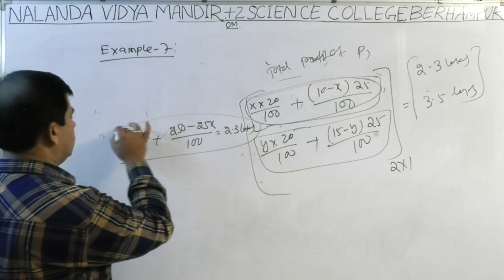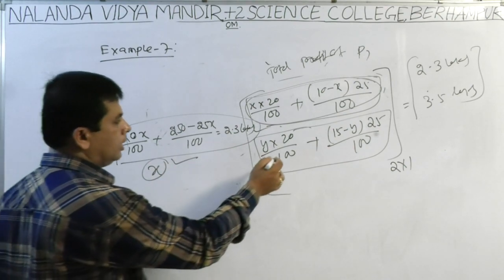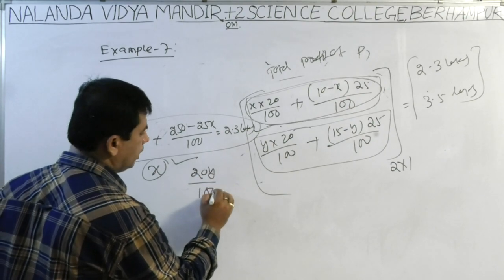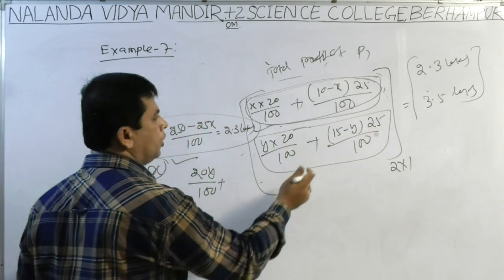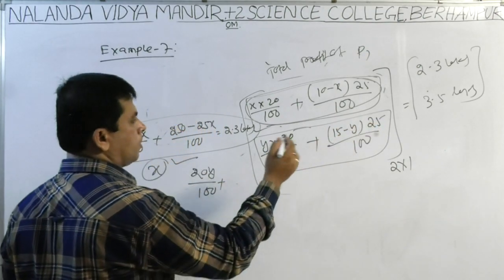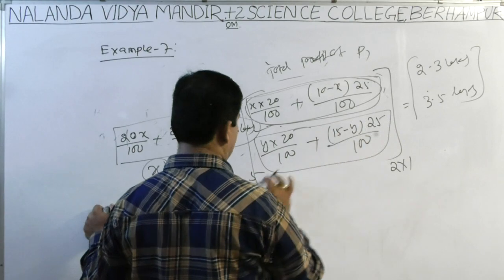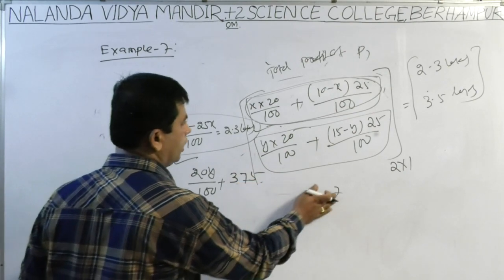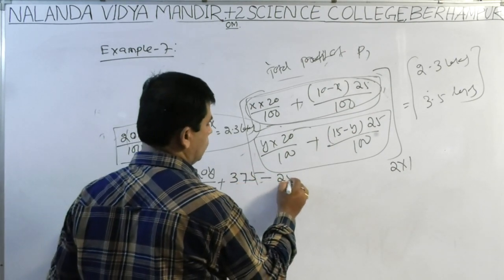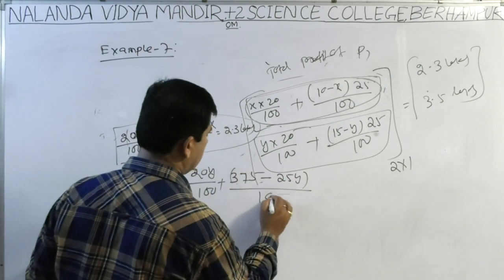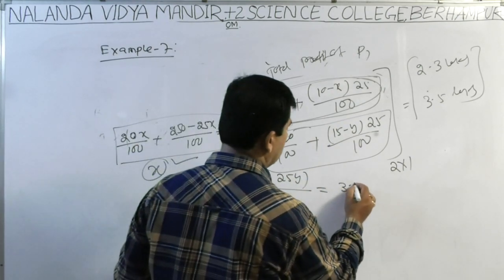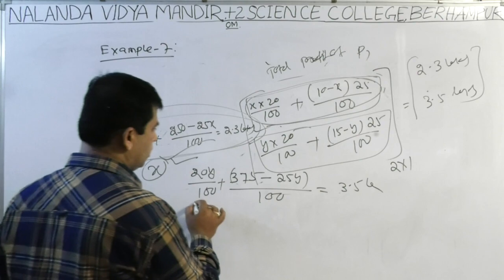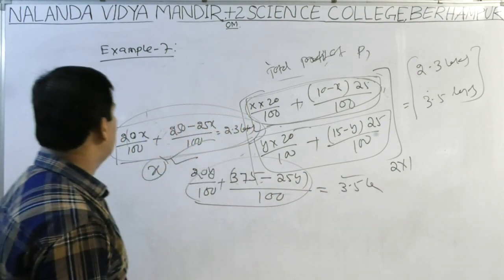If we solve this equation, we get the value of X. Similarly, Y into 20 by 100 means 20Y divided by 100 plus 15 into 25 minus 25Y divided by 100. This is equal to 3.5 lakhs. If we solve this equation, we get the value of Y.